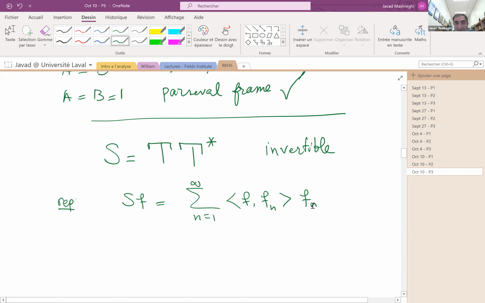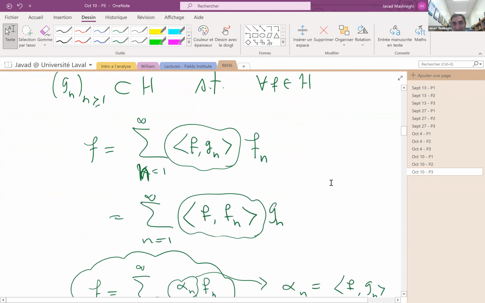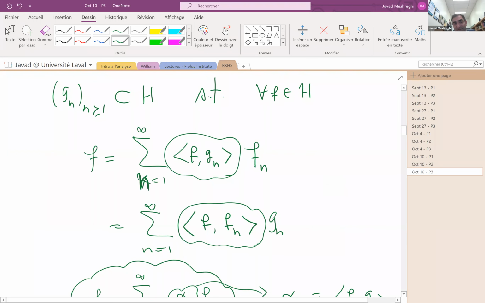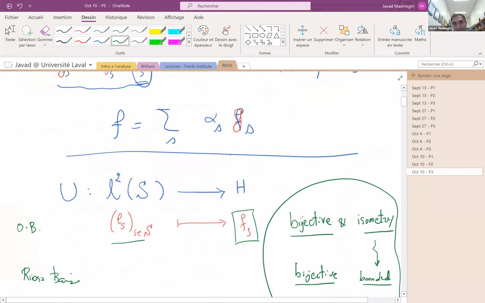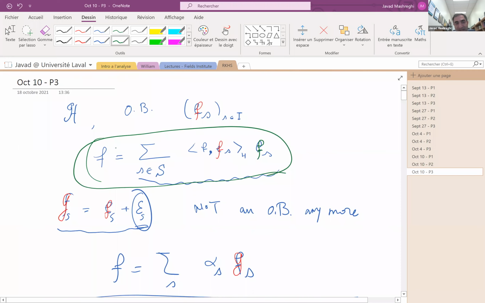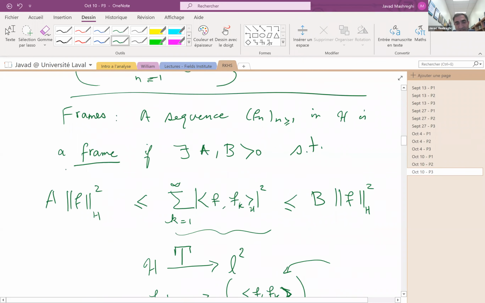It's equal to S of f. In the previous case, with Gn, or in the orthonormal basis setting, it gives us f, not S of f. So that's one thing.